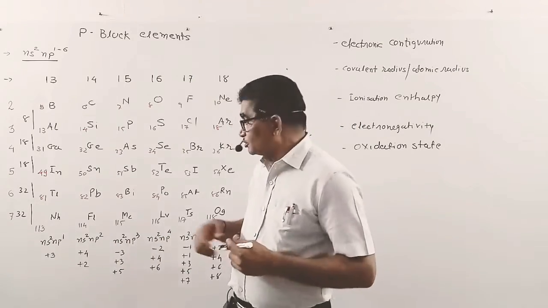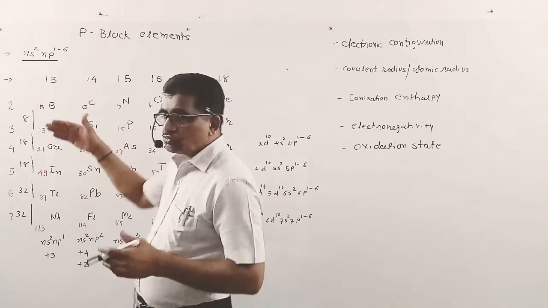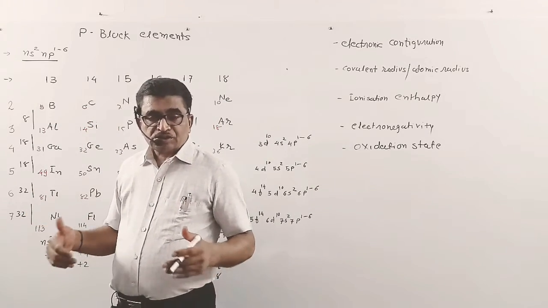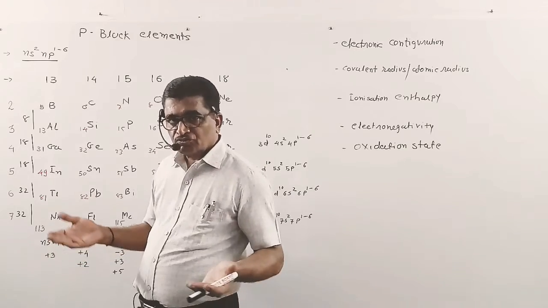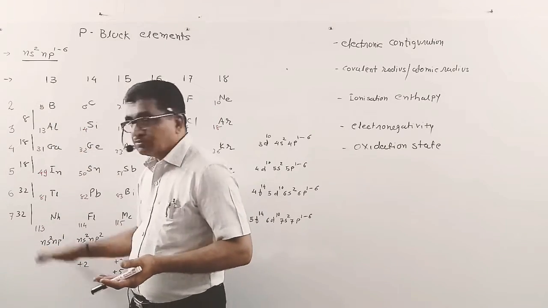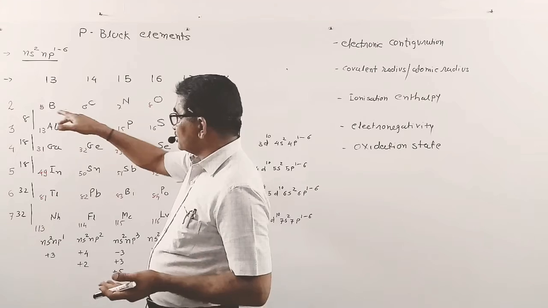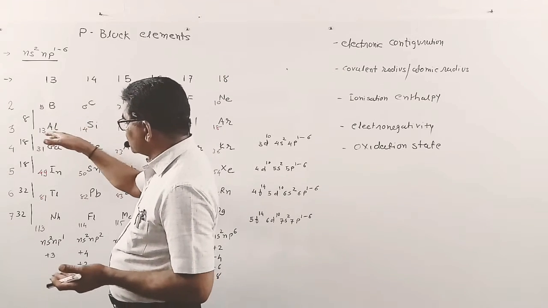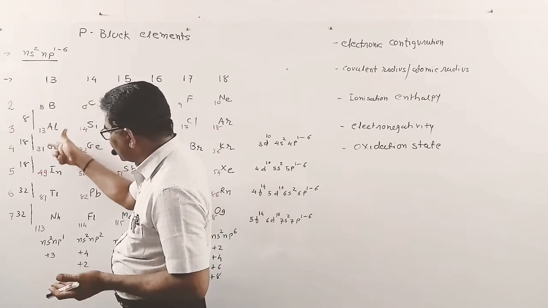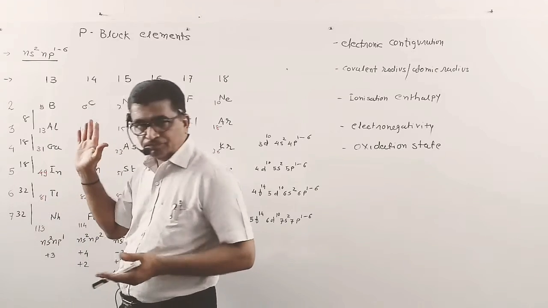So how do we remember symbols and atomic numbers? Each next element in the sequence has a difference of 8, 18, 18, 32 and 32.